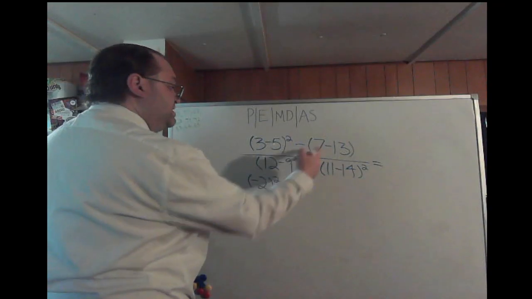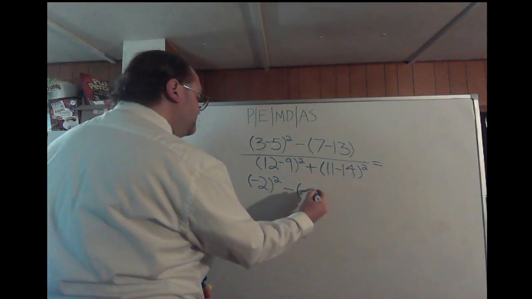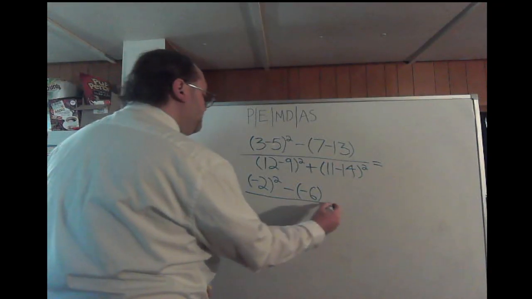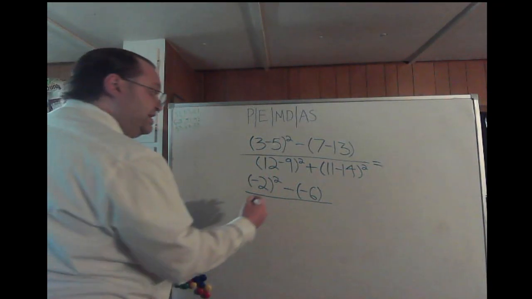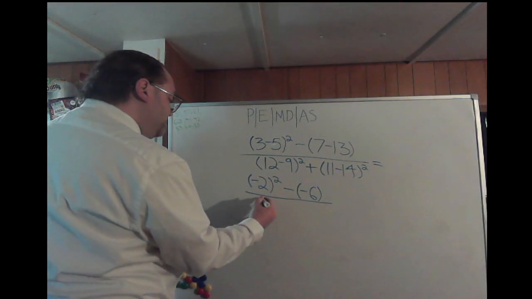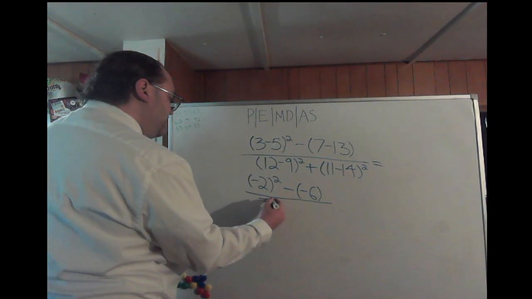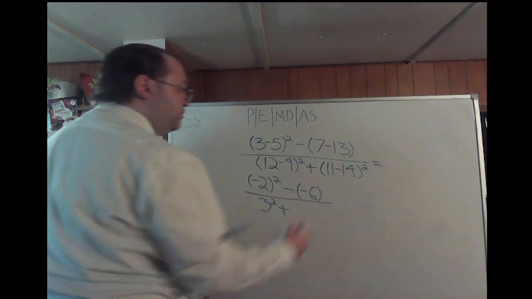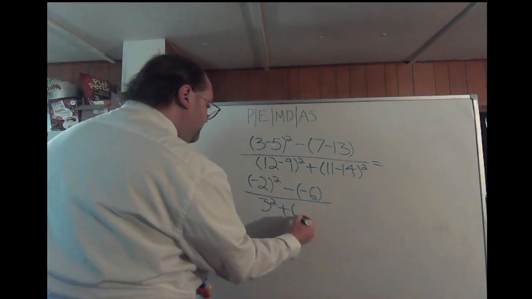Minus, what is 7 minus 13? That's negative 6. All over, what is 12 minus 9 inside that parentheses in the denominator? Well, that's 3 to the second power plus, what is 11 minus 14 in the parentheses? That's negative 3.